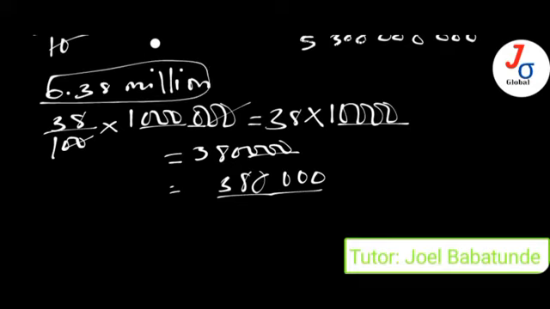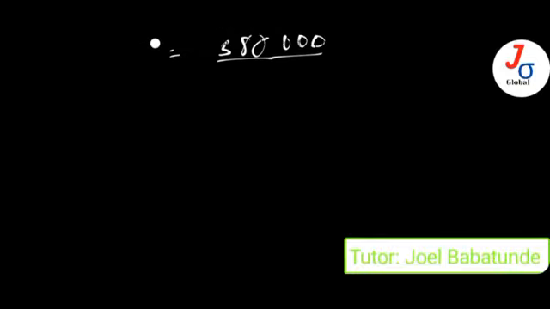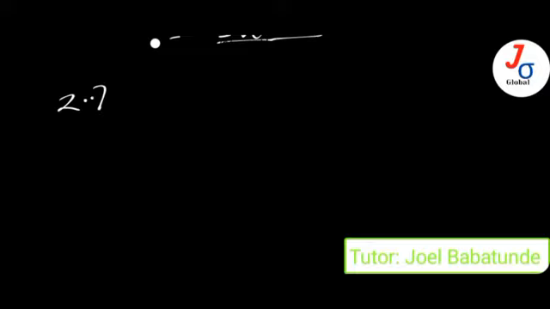So this is how to write it in digits. Okay, so let's take two more examples. Let's see 2.7 trillion. So how do I write this in digits only?